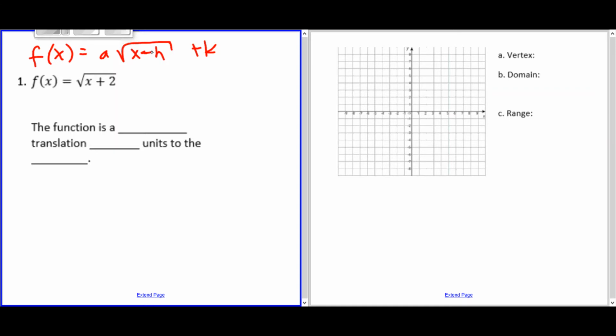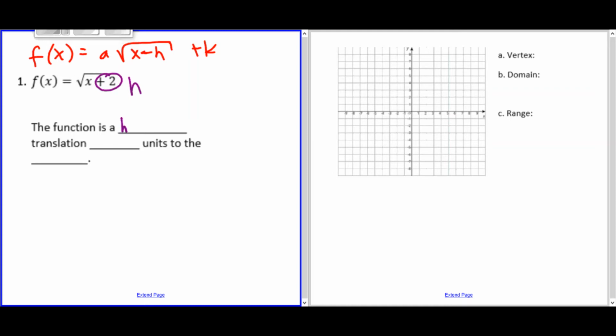When we're identifying our transformations, we're just going to refer back to this form: a times the square root of x minus h plus k. This 2, notice it's underneath the radical, so it corresponds to an h value. So the function is a blank translation, blank units to the blank.